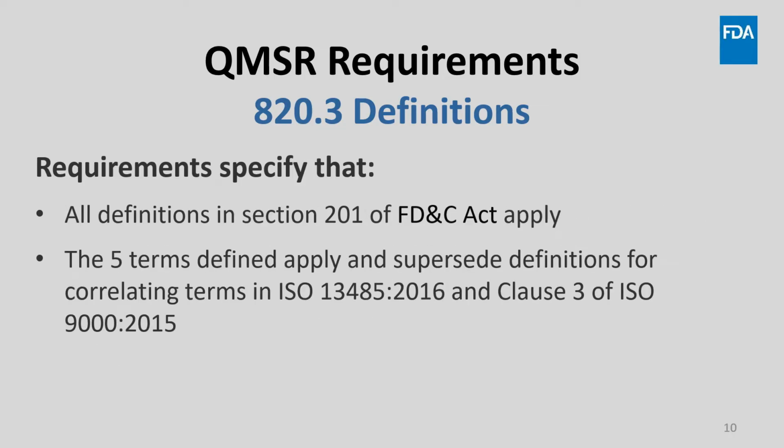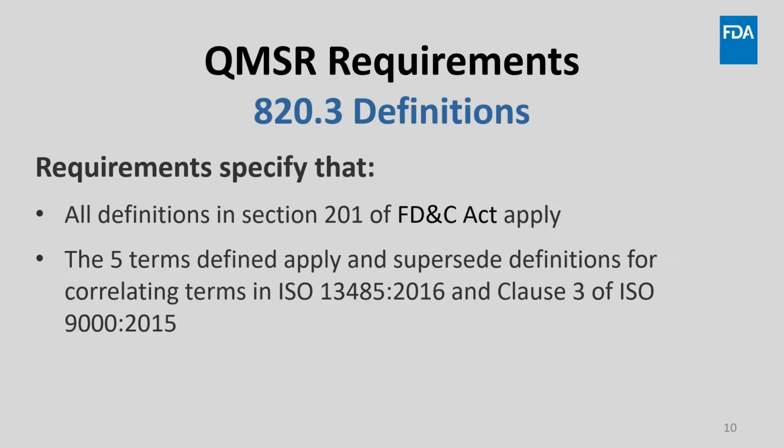The regulation specifies that all definitions in Section 201 of the FD&C Act apply, and they supersede correlating definitions in ISO 13485:2016. It gives the example of the term device and labeling that are defined in the FD&C Act and correlating terms of medical device and labeling defined in ISO 13485.